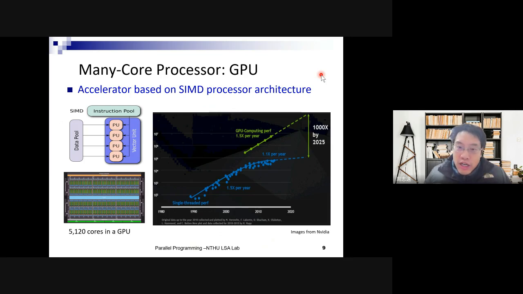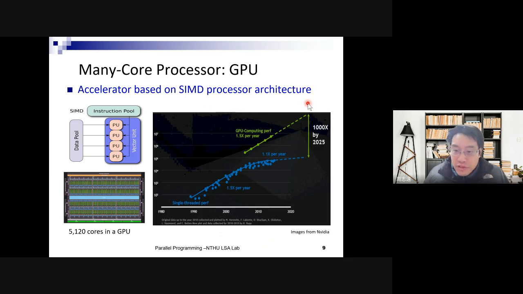So that's why the computing growth of devices like GPU actually grows faster than Moore's law. Okay, and so parallel computing becomes a necessary skill or technique to power deep learning.